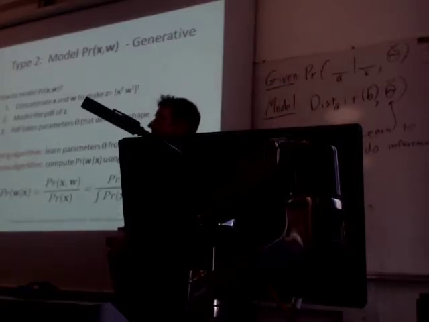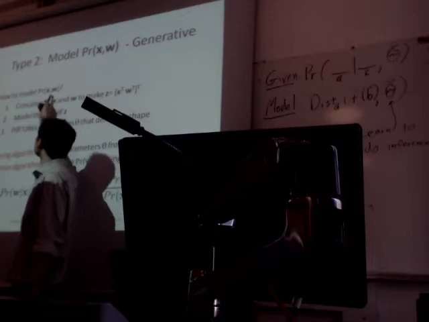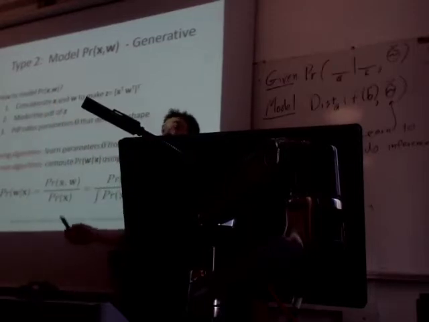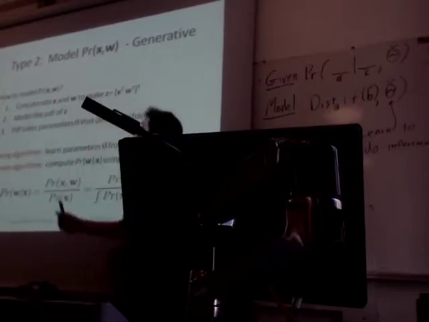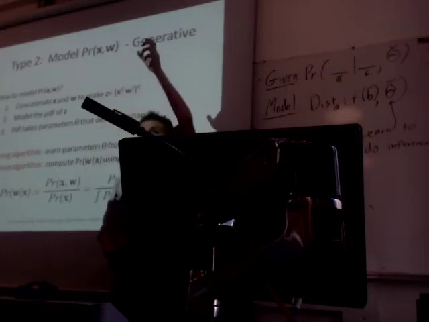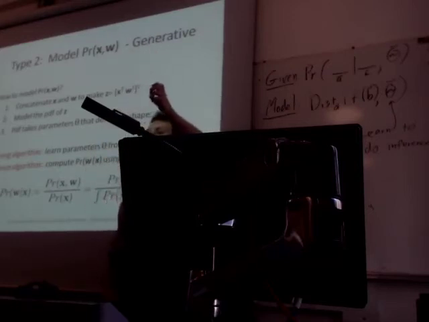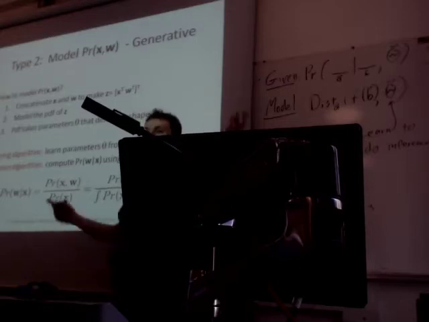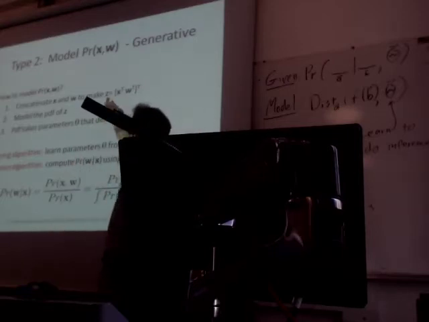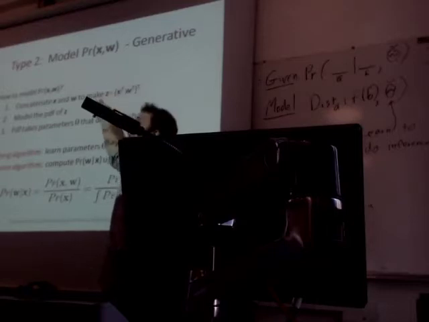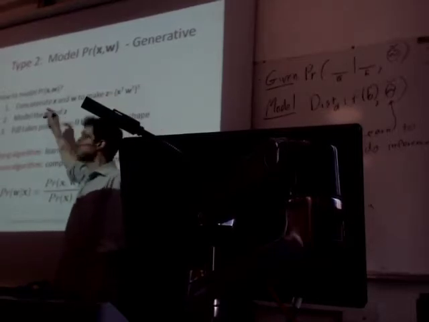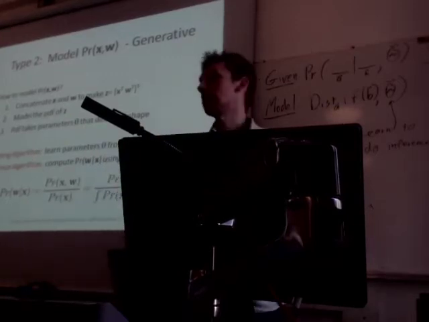We're going for the joint probability, X and W. Step 1 here, we concatenate X and W to make this new long vector of X's followed by W's. It's a pretty sleazy trick, right? Nothing fancy. We're just putting all the numbers together and saying, great, I have this new vector, we call it Z. We make a probability distribution for Z, one of the ones we've seen already.